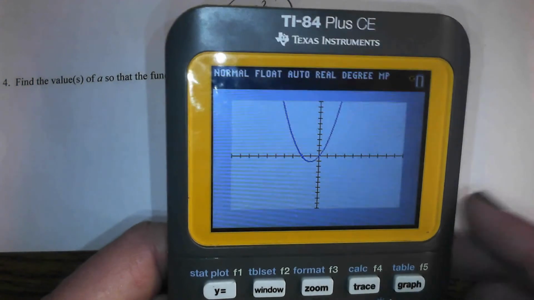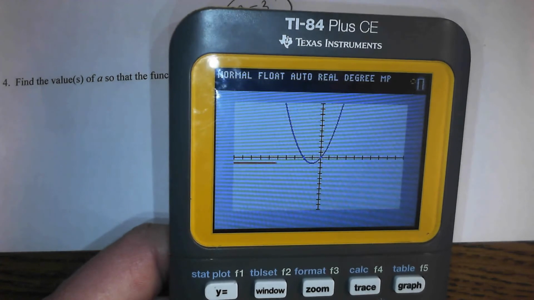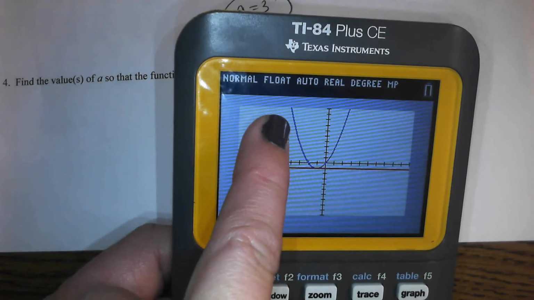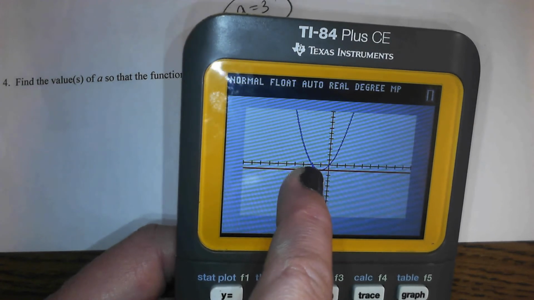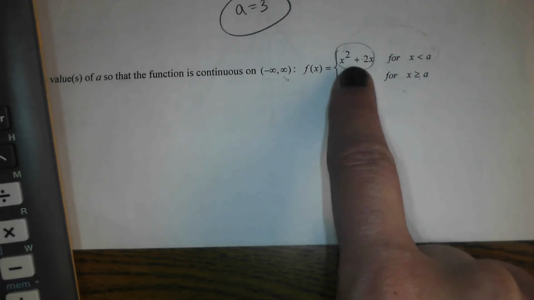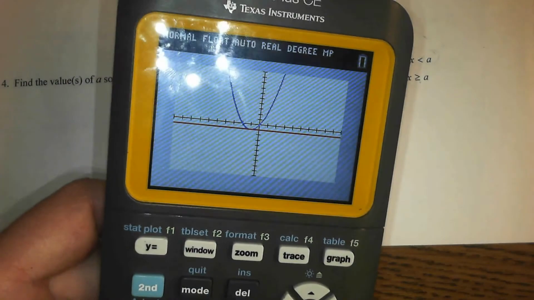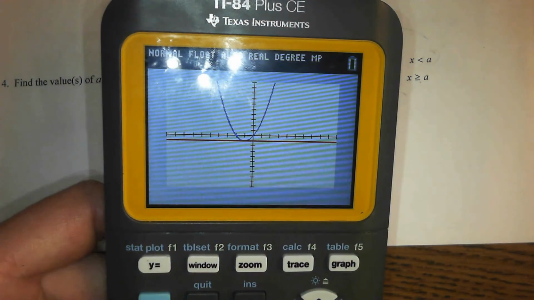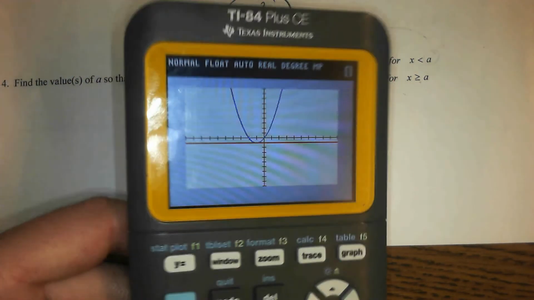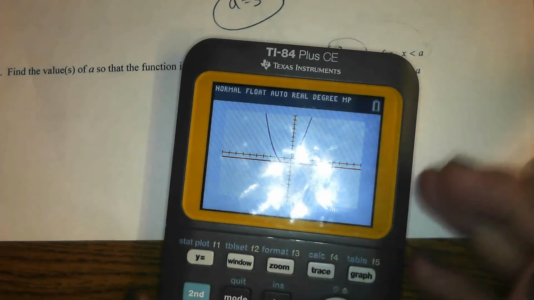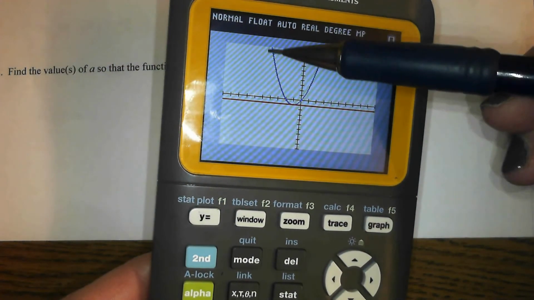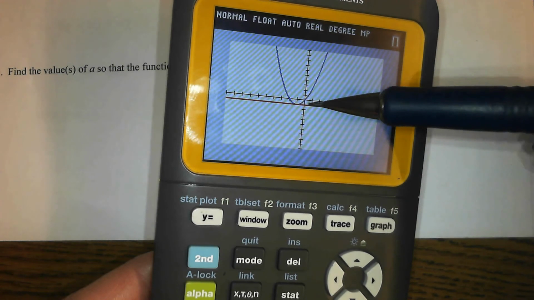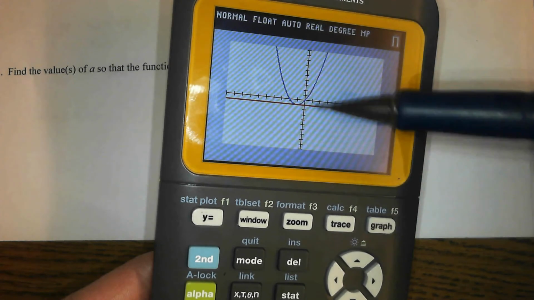We're pretty much going to have to answer at what a value would we have to stop the quadratic and start the linear in order for continuity to exist? I think it's pretty clear that it's -1, right? If this parabola was held on to up until -1, and then we jumped ship from the parabola to the line at -1, we would maintain continuity.